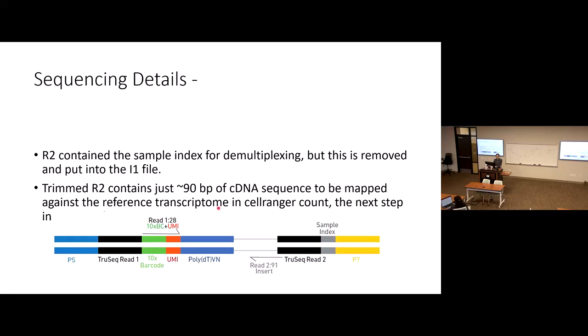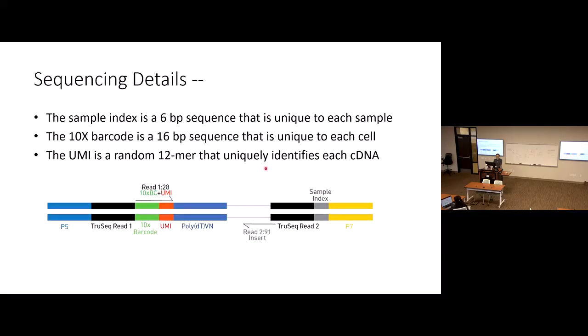Some sequencing details: inside here, there is a sample index of 6 base pairs to tell you different batches of samples. Then the 10x Genomics barcode is 16 base pairs to cover enough cells. The UMI is a 12 base pair sequence.